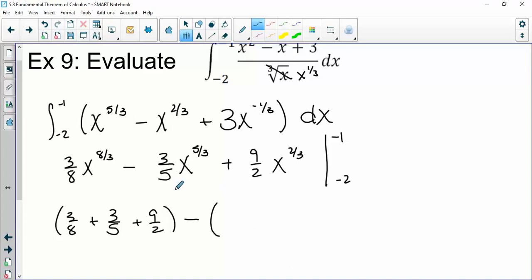Let's just go ahead and do decimals. So if I put in my -2, and I'm just going to type this all in because it's not nice. So 3/8 times -2 to the 8/3 minus 3/5 times -2 to the 5/3, 9/2 times -2 to the 2/3.